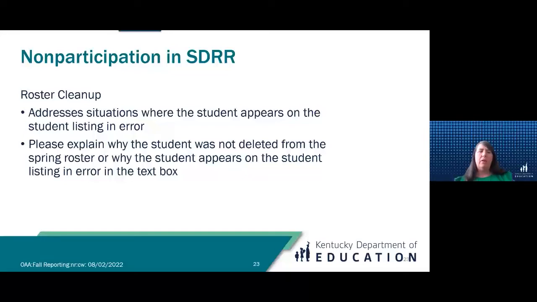That's one of those where the student appears on your student listing in error. Maybe the student moved prior to your testing window and you, for example, left that student on the roster. Those students were not supposed to be on there. Remember, you're supposed to annotate and delete them off during the roster phase back in spring rosters in April and June.